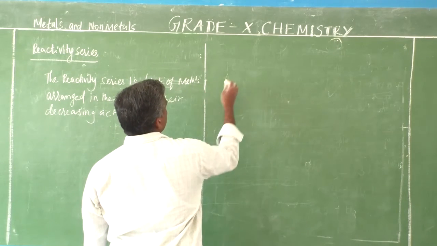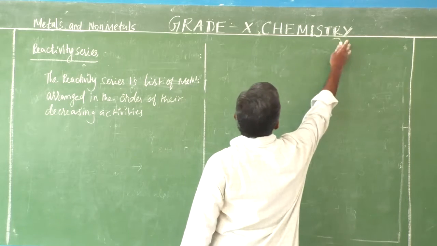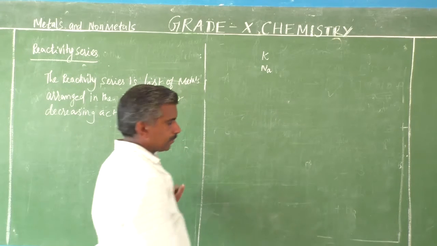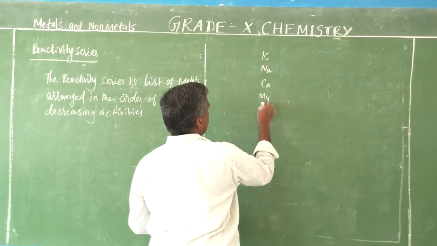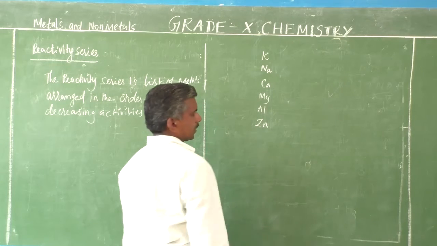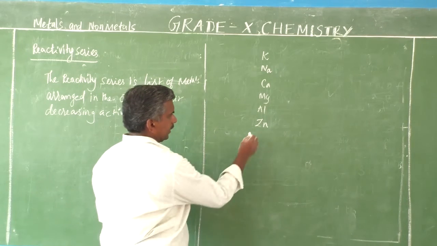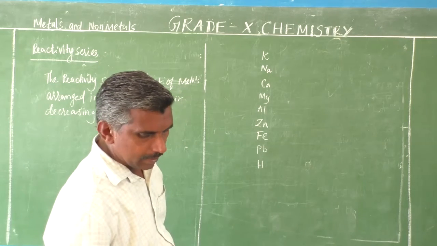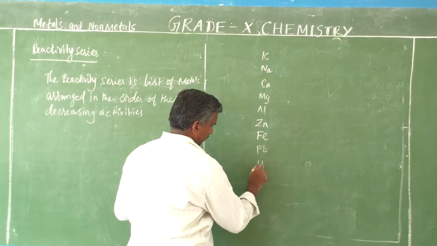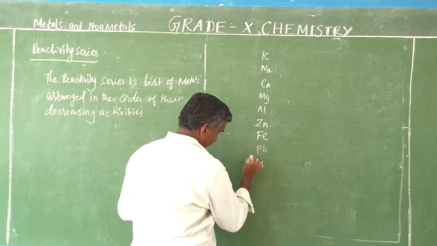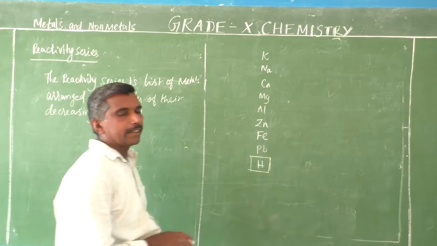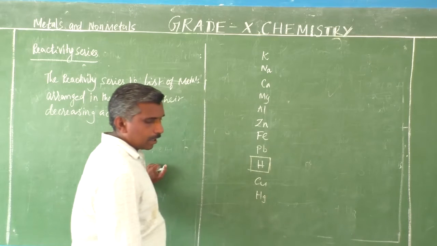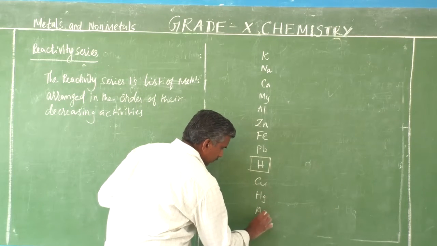Okay, I will arrange the reactivity series. Consider: potassium, sodium, calcium, magnesium, aluminum, zinc, iron, lead, then hydrogen, then copper, mercury, silver, gold.